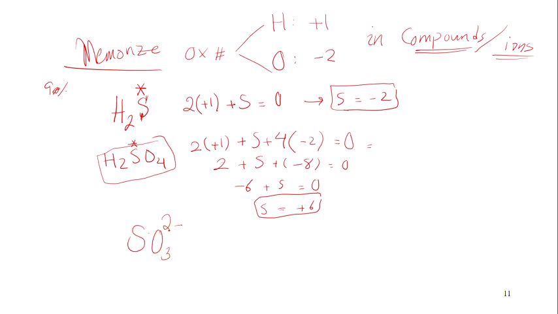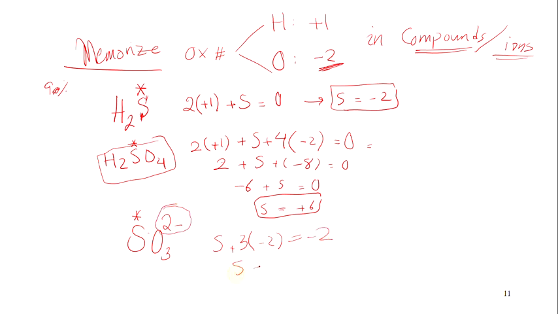SO3 2 negative. I want to know the oxidation number of S. So I say S plus 3 oxygen. Oxygen is -2 because the oxidation number for oxygen in an ion is -2. The sum is going to be the same as the charge. The charge is 2 negative.